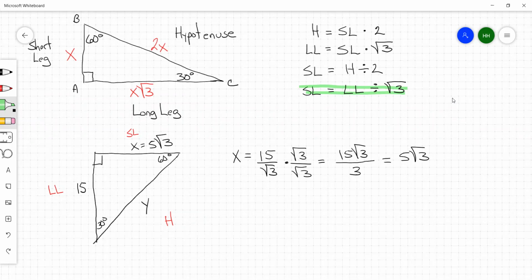So our Y equals the short leg, which is 5 radical 3, times 2. And 5 radical 3 times 2 is 10 radical 3. So there's our hypotenuse, 10 radical 3.